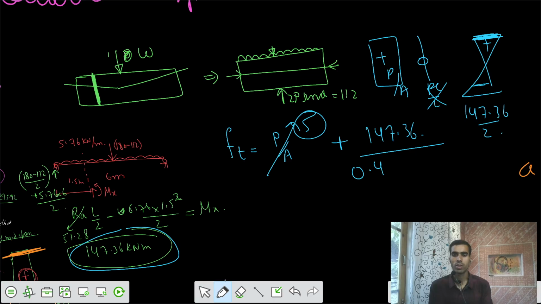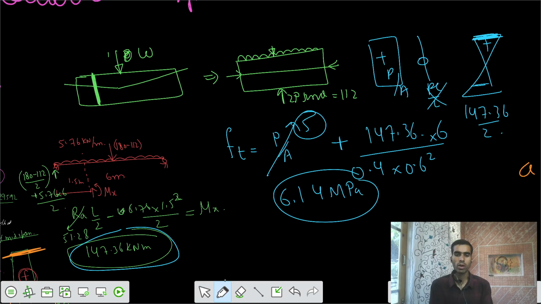The beam has section modulus bd square by 6, and that value is 6.14 megapascal. So overall, f top is equal to 5 plus 6.14, that is 11.14 megapascal.